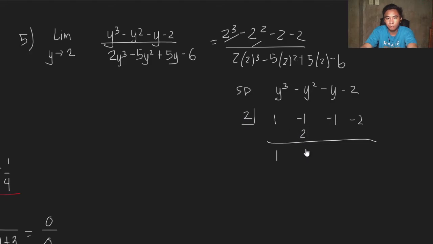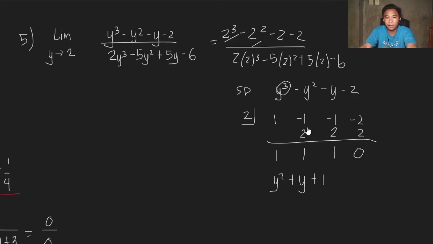Negative 1 plus 2, 1. 1 times 2, 2. And then, negative 1 plus 2 is 1. 1 times 2 is 2. And then 0. So, itong bago nito is y squared plus y plus 1.